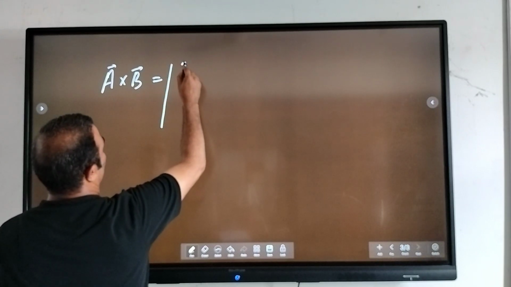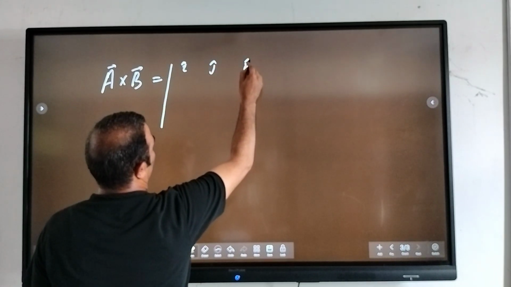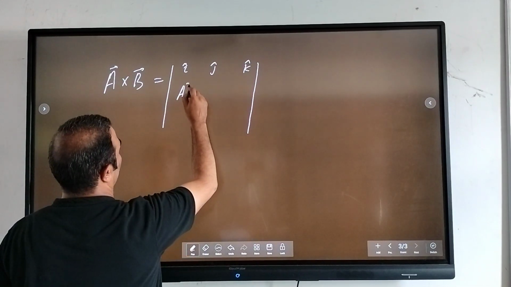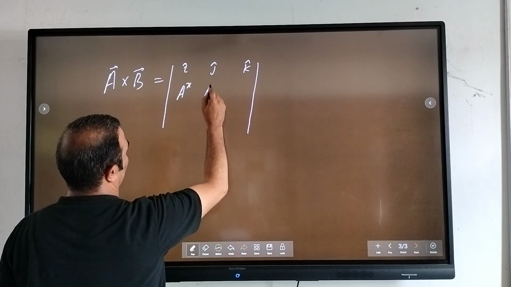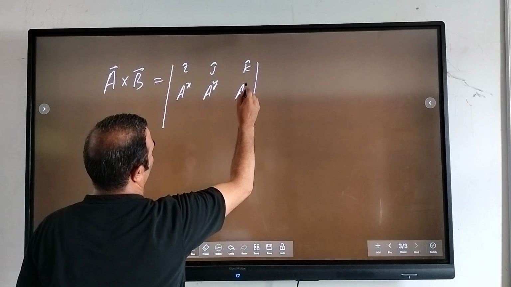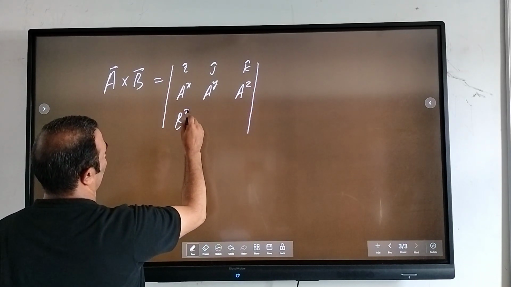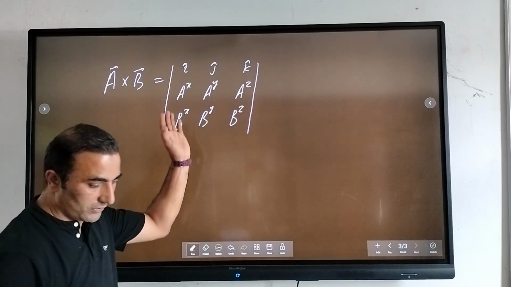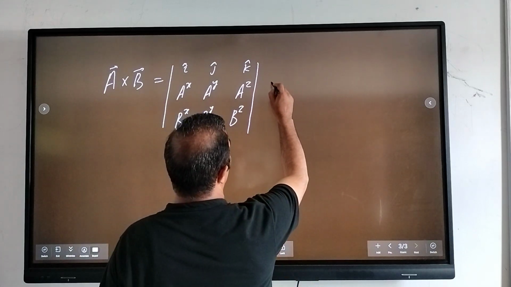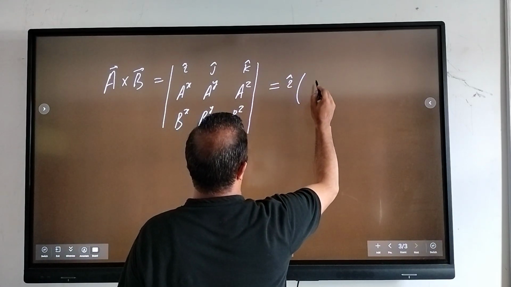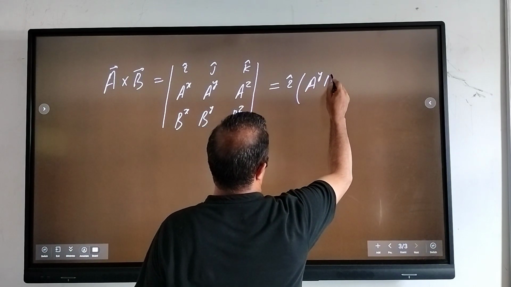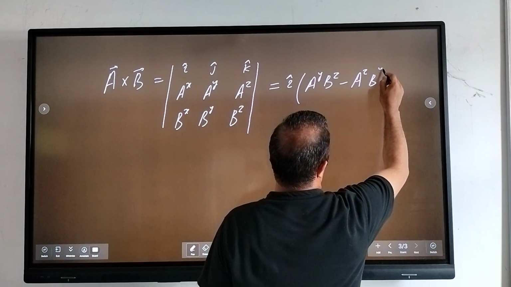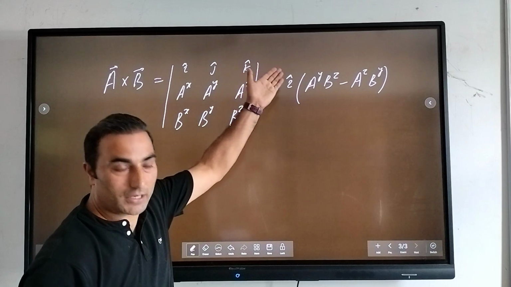So this I can write as... okay. So this is how we can write it, or if you write this in component form, you can write i into... so this is the first component when you calculate i.